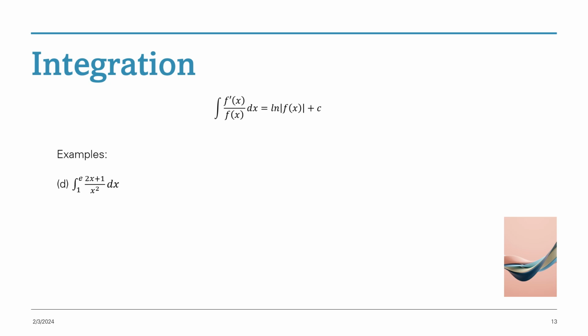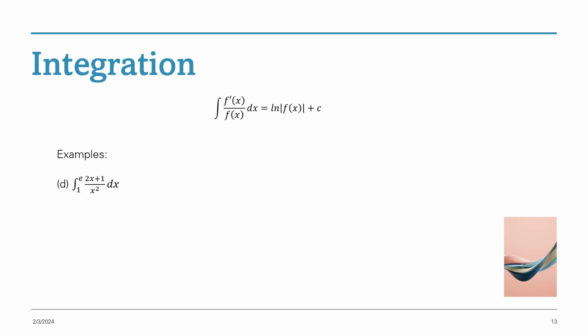For this one, you'll notice that when we differentiate the bottom, we sort of get the top. Like we need 2x on the top. We've got a plus 1. So this one requires us to understand that we can split a fraction into 2.